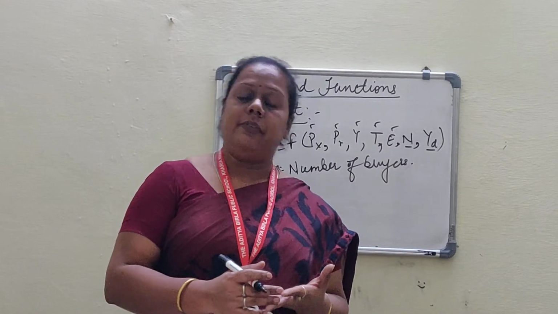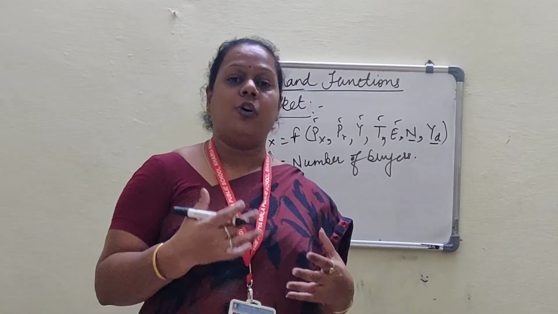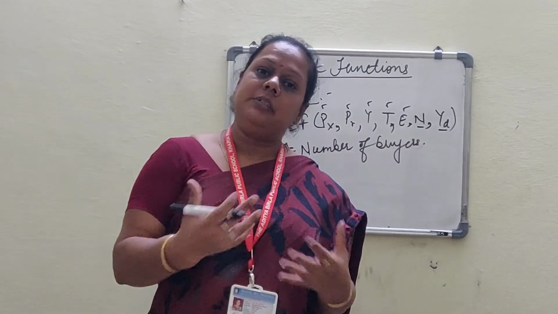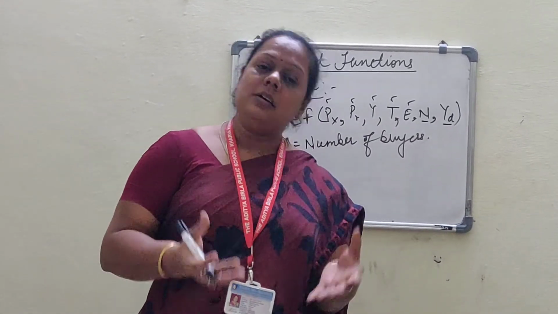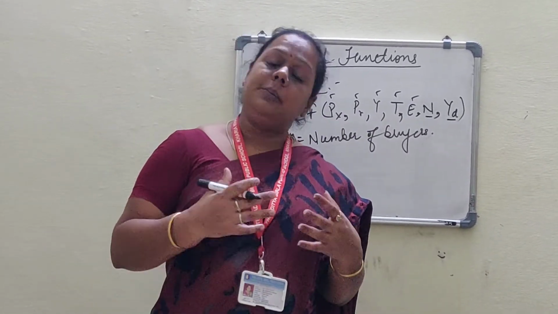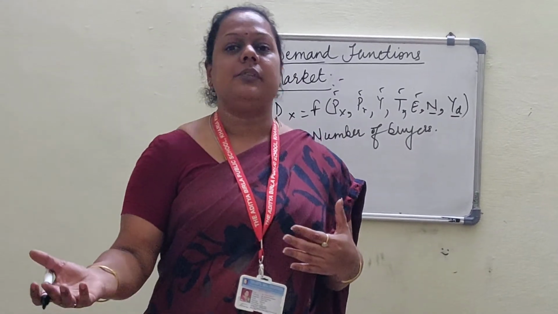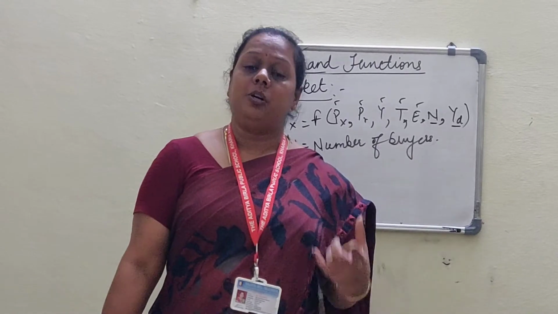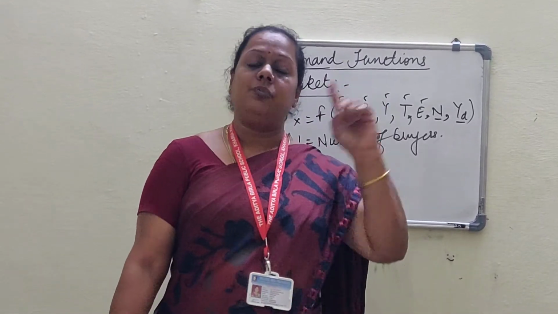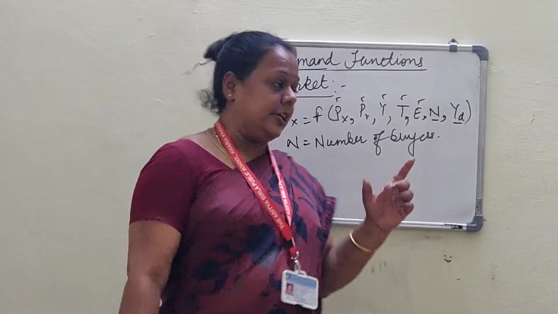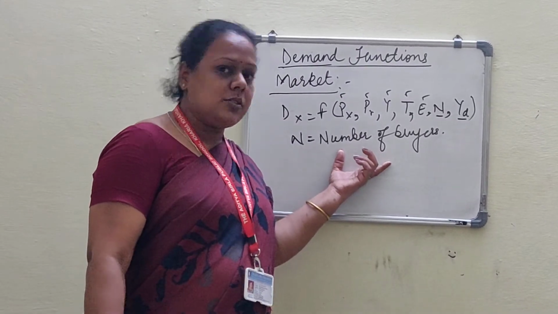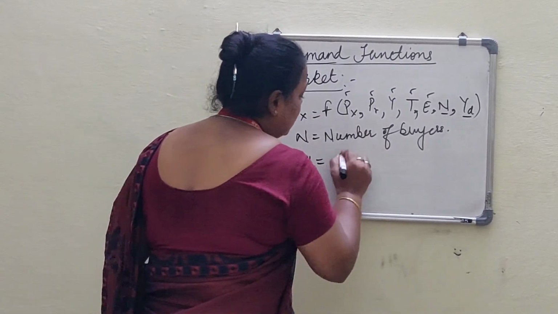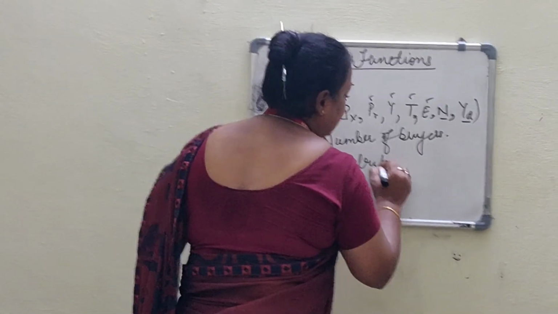On the other hand, when we talk about Maruti, Volkswagen, Tata, Mahindra, the buyers of these cars are comparatively higher than those of luxury cars. So that also has a very important impact on the demand for that commodity. So the number of buyers plays a very important role, and YD stands for the distribution of income.